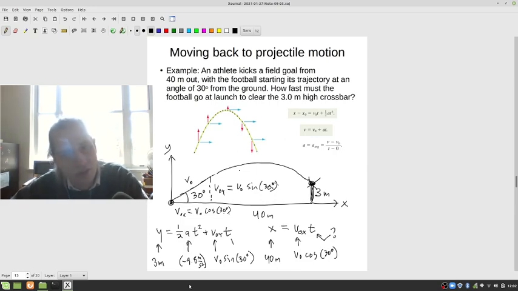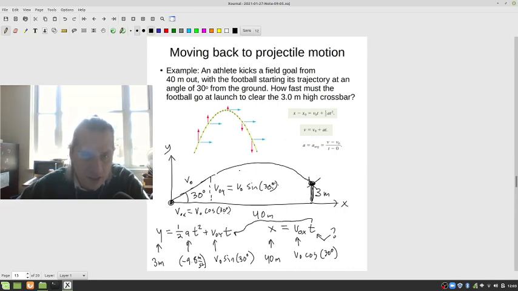Okay, so how would I solve this problem? Well, here's how I would do it. I would go ahead and solve this second equation for t, then stick that t into this equation, and at that point, I would have an equation that simply has v in it and everything else I know.